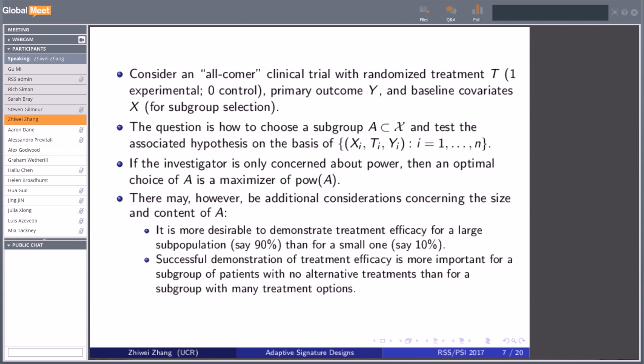Moreover, successful demonstration of treatment efficacy is more important for a subgroup of patients with no alternative treatments than for a subgroup with many treatment options, right?